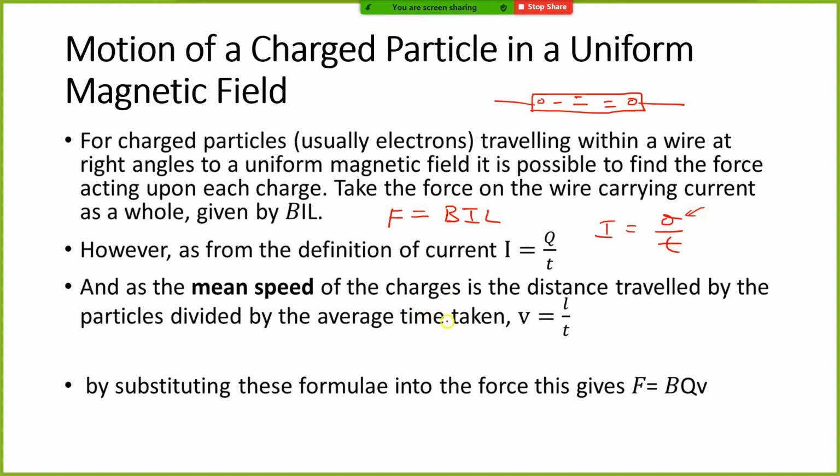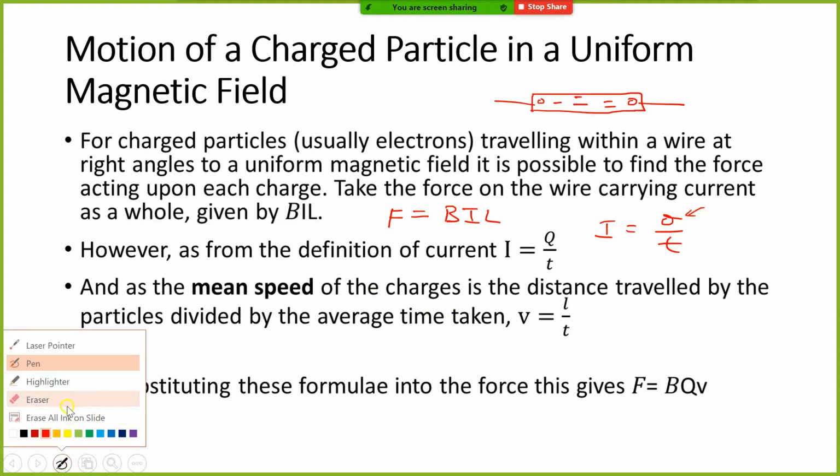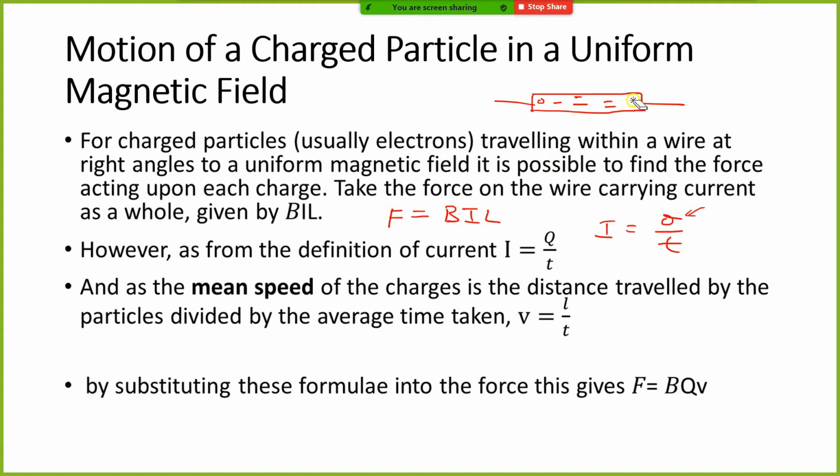Now, as you can imagine, if electrons are traveling from one end of the conductor to the other, then those electrons are going to have a velocity, because they are moving. Now, let me just see if I can draw this a little bit better.